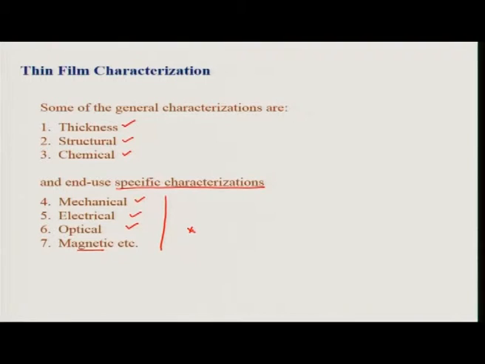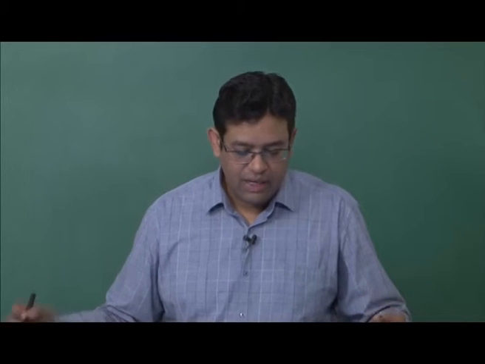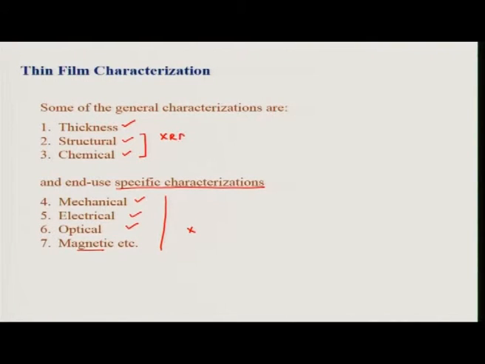We will also not discuss structural and chemical characterization, because there are various techniques similar to what you use for bulk material, like XRD, SEM, TEM, etc. Within this, you can also do chemical analysis of the thin film, like XPS and Auger electron spectroscopy, AES.